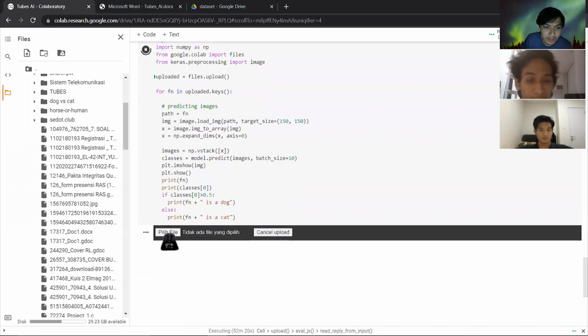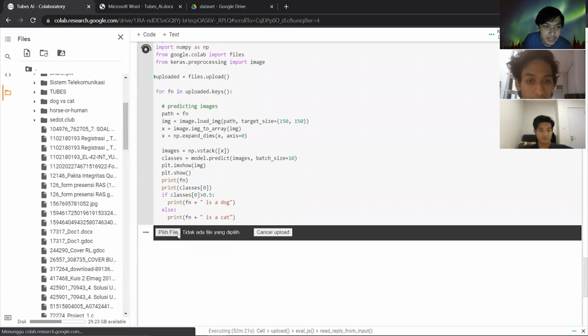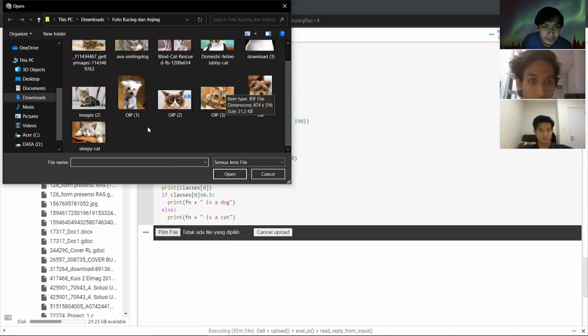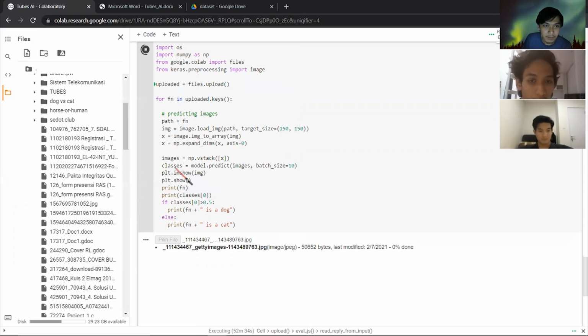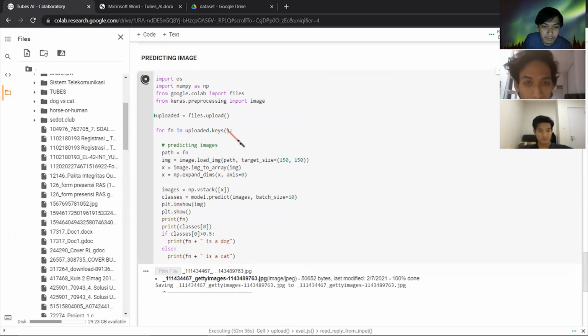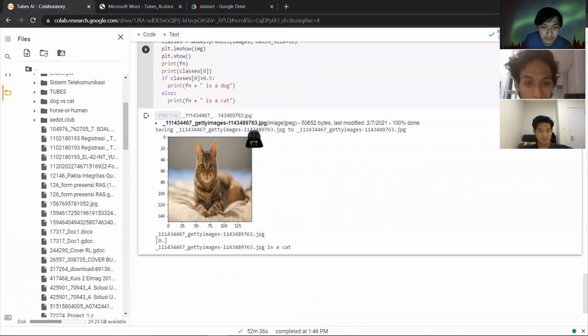For example, if I choose this image, the predicting process will run, and then this is the result.